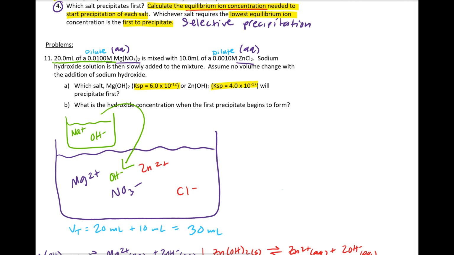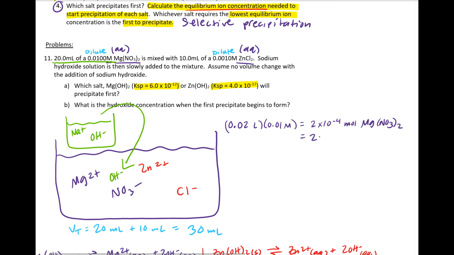Well, where did the magnesium ions come from? They came from the 20 milliliters, or 0.02 liters. And that solution had a molarity of 0.01 molar. So that means you have 2 times 10 to the negative 4 moles of magnesium nitrate that were originally added to this mixture.